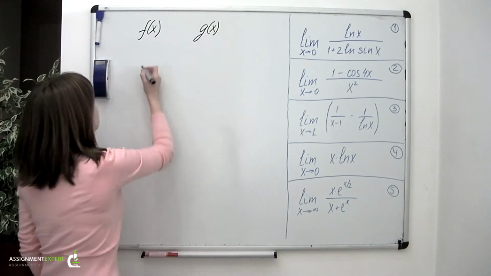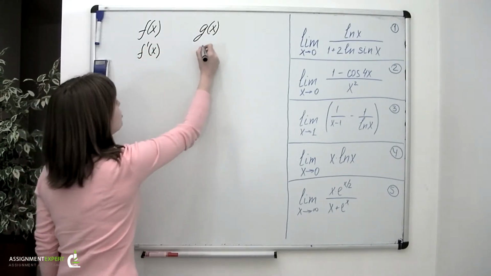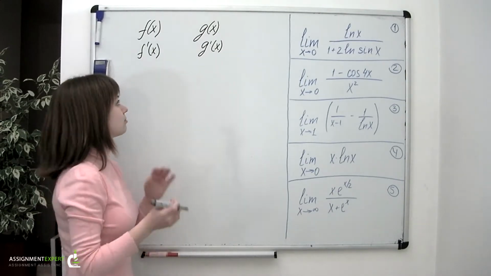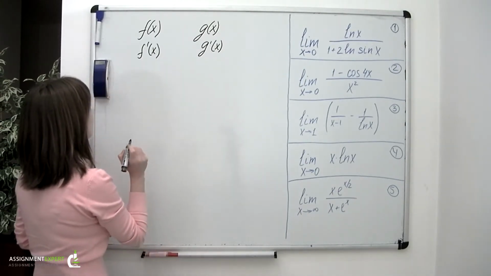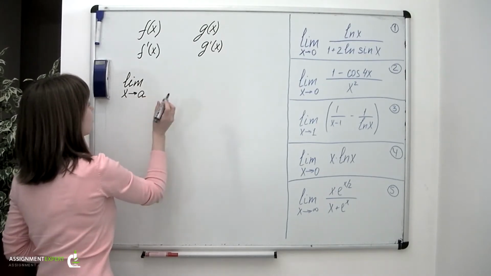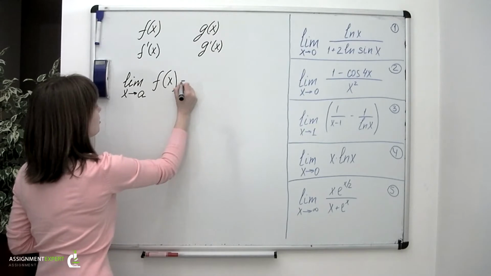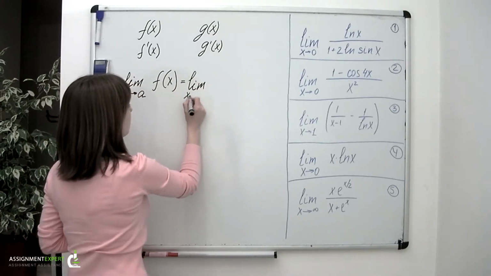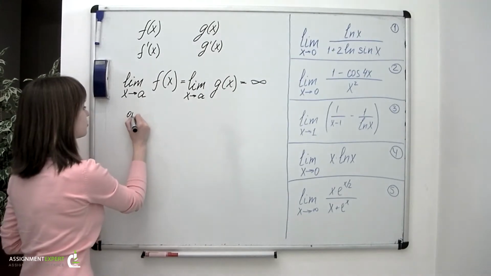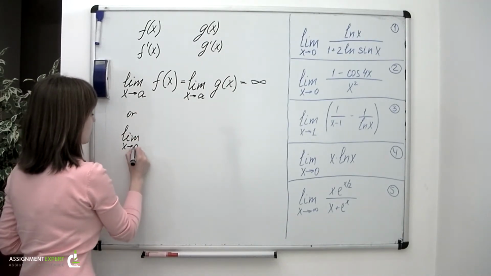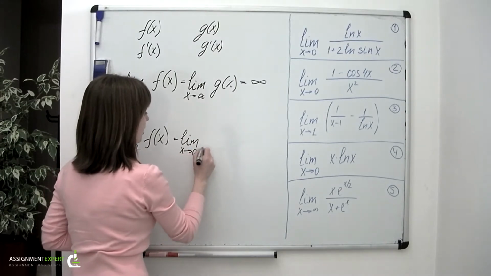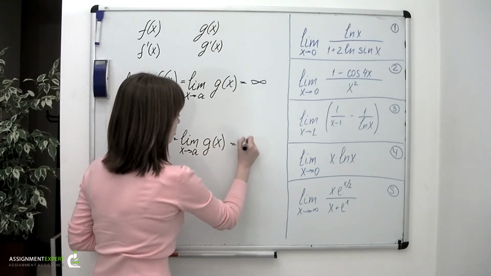What we know about them is that their first derivatives, f prime of x and g prime of x, exist in some neighborhood of the point A, except possibly at the very point A. We also know that the limit as x approaches A of the f of x function and g of x function equals infinity, or the limit as x approaches A of the f of x function and g of x function equals 0.